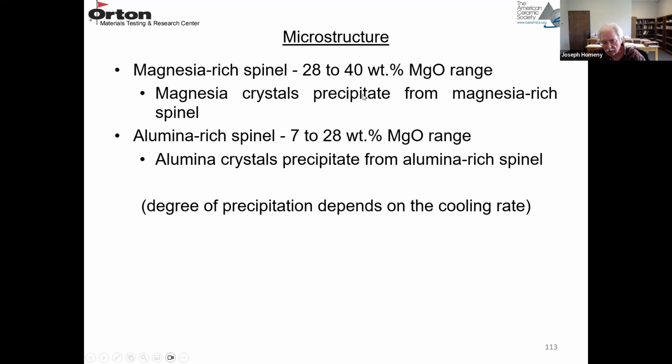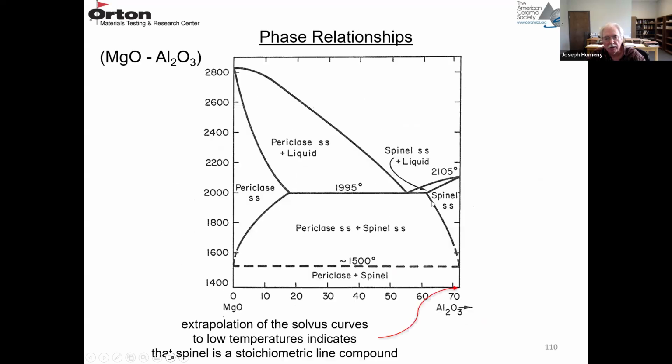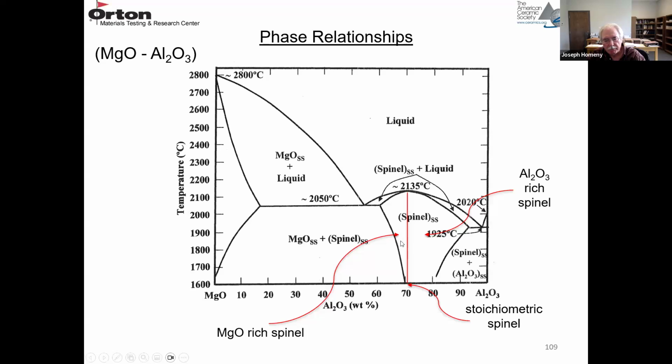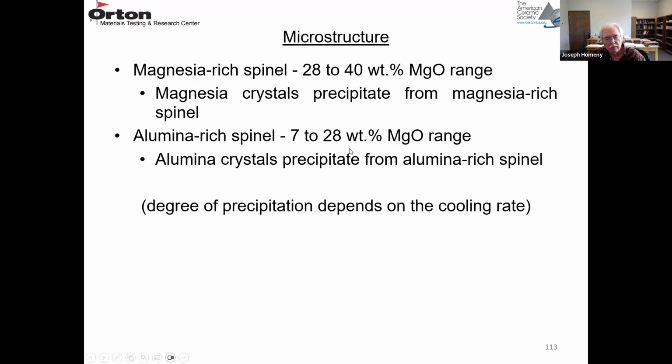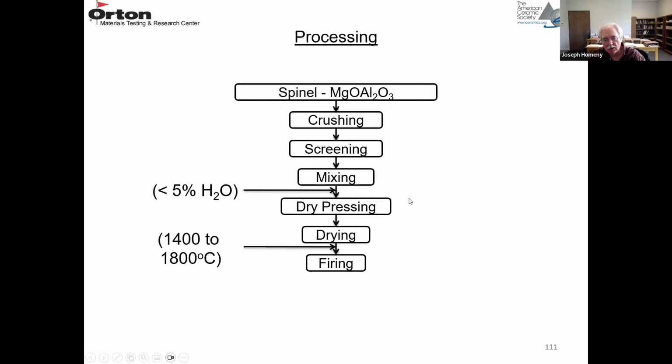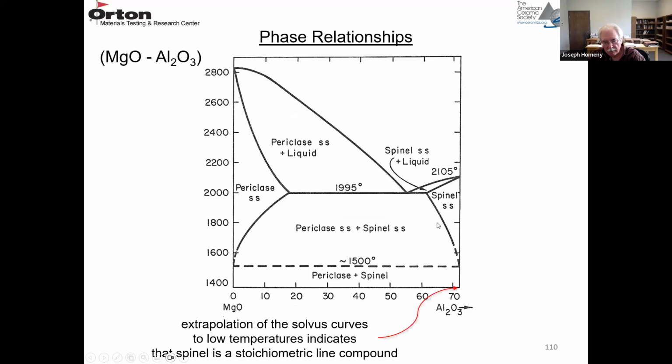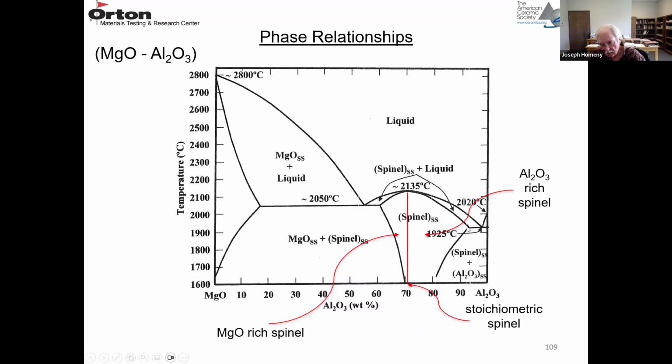Magnesia-rich is 28 to 40 weight percent. So that's about in this region here. And then 7 to 28% MgO is going to be in this region here.